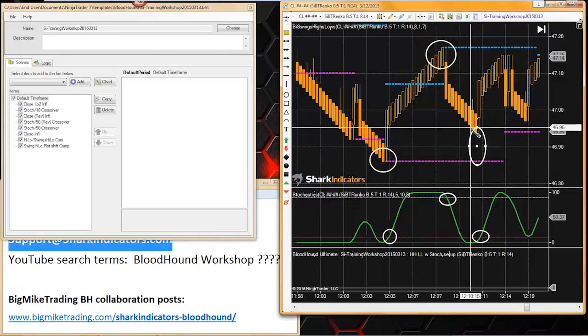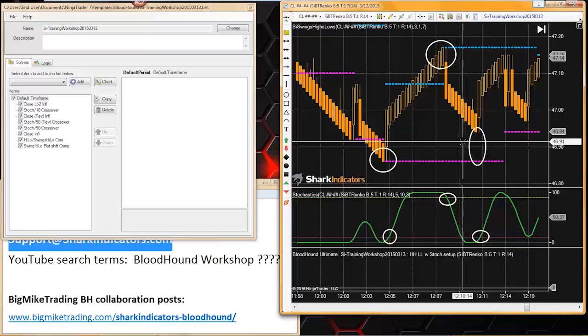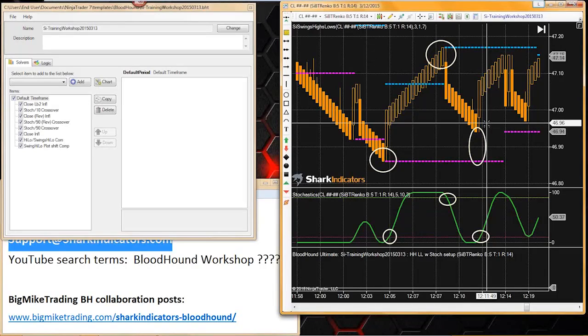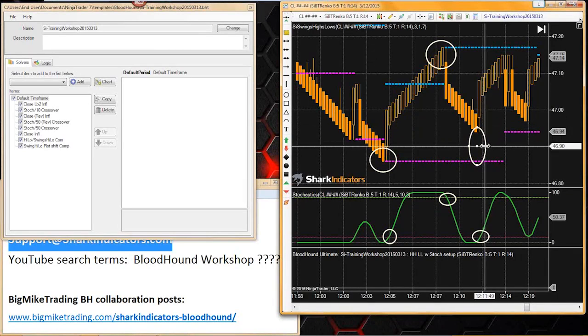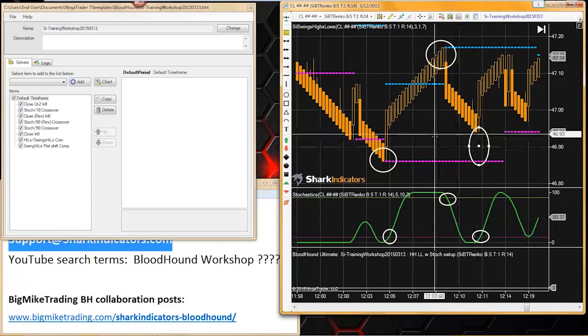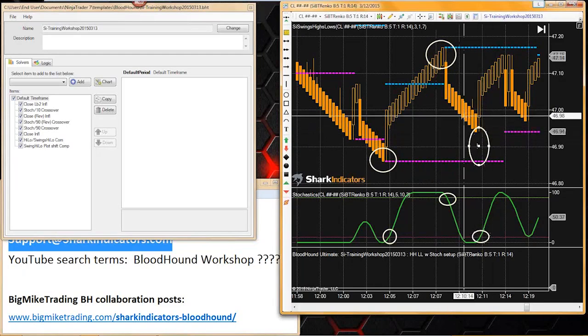And yep, and we got condition 3 here. So this looks like we should get, this is a valid trade setup here. However, we don't have a signal here.